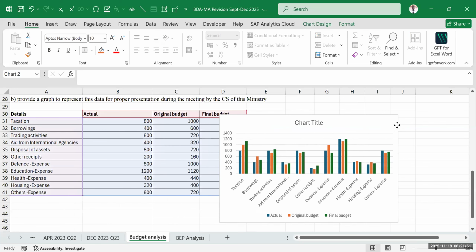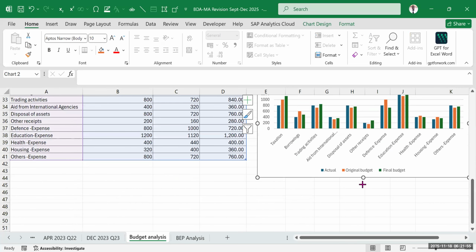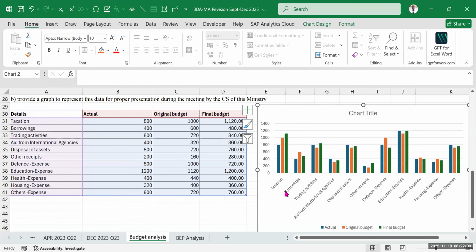So I will go for this, where each column has its own color, so that when you talk about actual, you know this is the color for actual. So you can compare actual taxation, original taxation, and the final budget of taxation. From there, you can compare what is the actual. We spent actually this. And on taxation, you see, this is not expense. This is a receipt. So the ones where I added the word expense, you will clearly see that these are expenses.